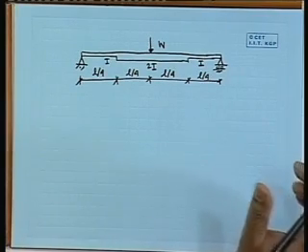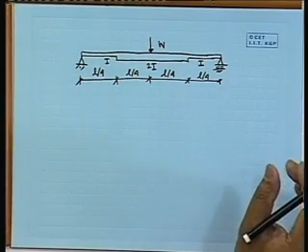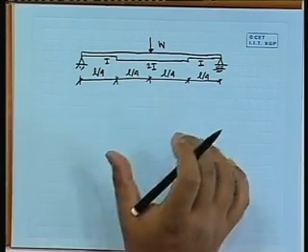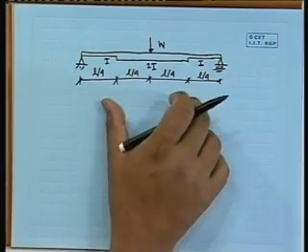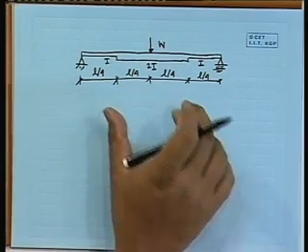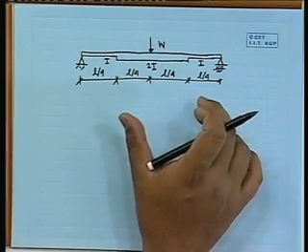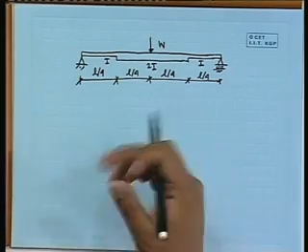Say the total length of the beam is L, and its central part, L by 2, is a bit heavier. We know the bending moment will be more at the mid span. Accordingly, say the designer thought the middle part will have a heavier type of section.